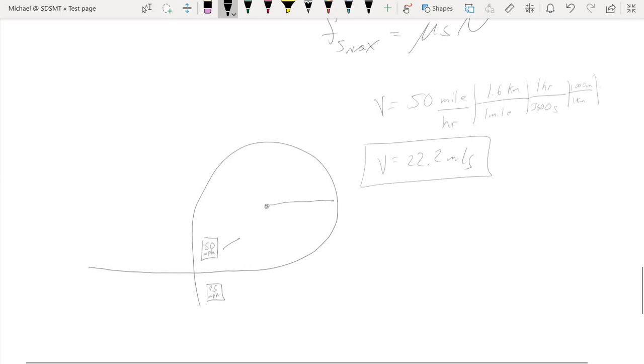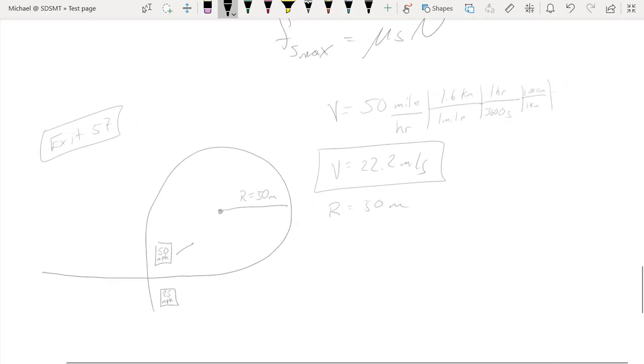And if you've ever taken this particular exit, it's a pretty big exit. You could easily fit a football field in there. So we'll say that the radius is 50 meters.